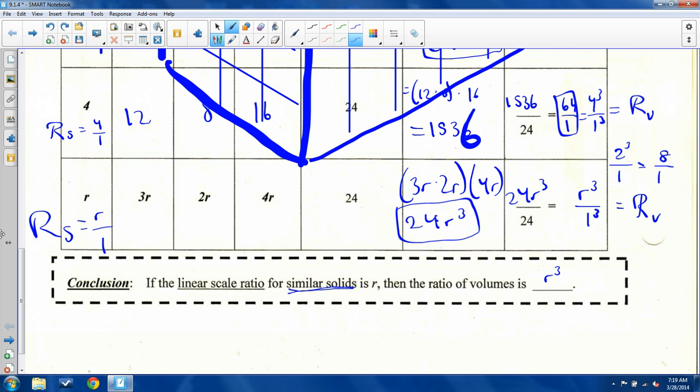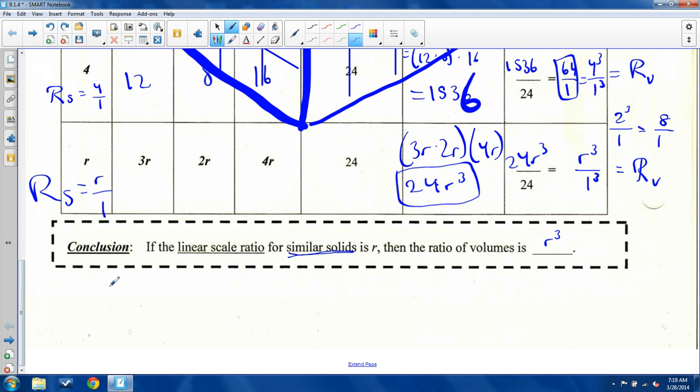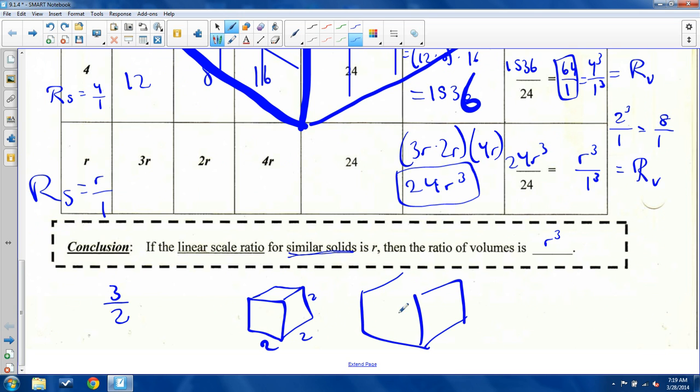But let's say your side ratio is 3 to 2. Like if I have this guy right here and these are all 2, and then I have this one right here, and these are all 3. Apparently I can't draw cubes. Your ratio of volumes is 27 to 8.